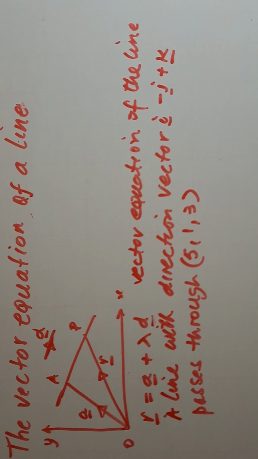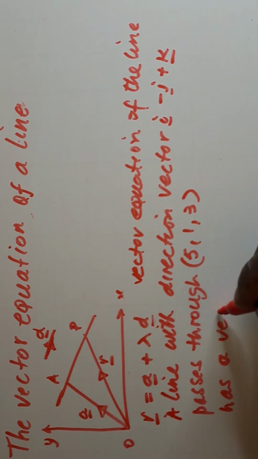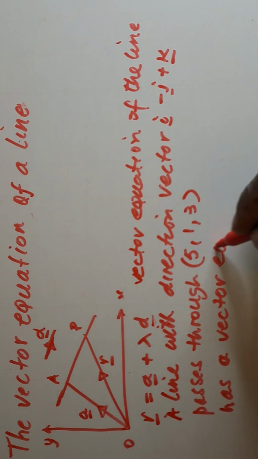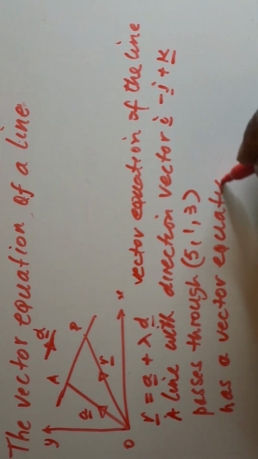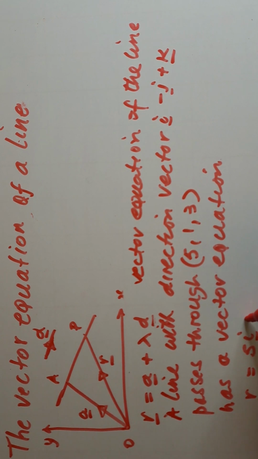So the point 5, 1, 3. And this has a vector equation R equals 5i add j add 3k and lambda times the direction vector.